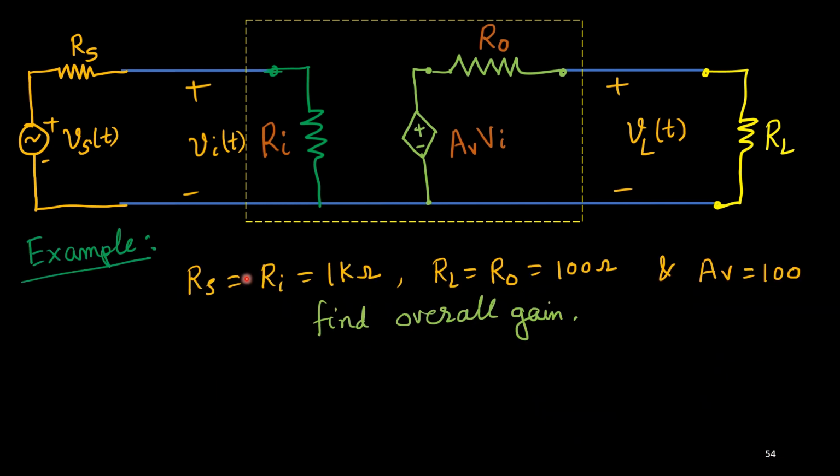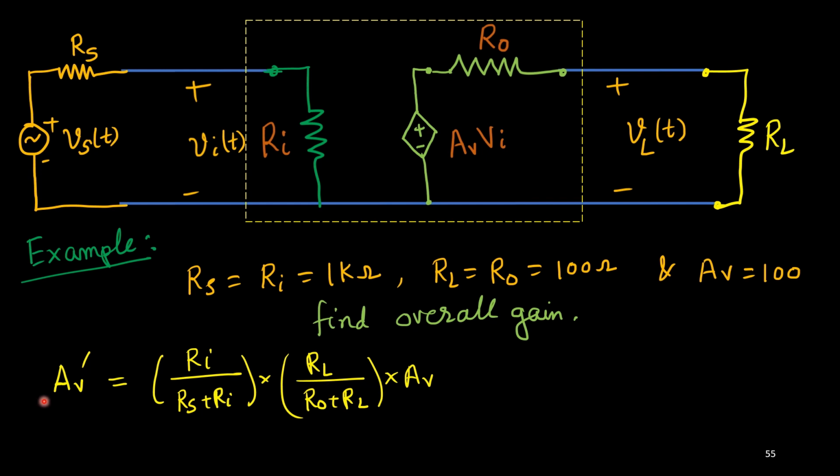Now let me give you one example. Suppose Rs equal to Ri equal to 1 kilo ohm and RL equal to R naught equals 100 ohm and AV suppose 100. Can you find overall gain? That is very easy. So AV prime will be this factor, Ri upon Rs plus Ri, times this side, RL upon R naught plus RL, times AV.